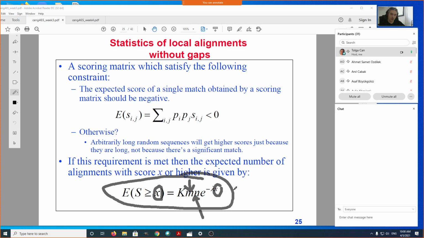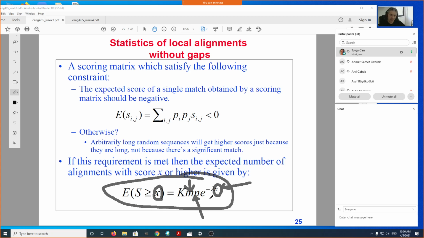And if you also get a larger raw score X, this will decrease your expected value by a factor of 1 over e to the power of that.